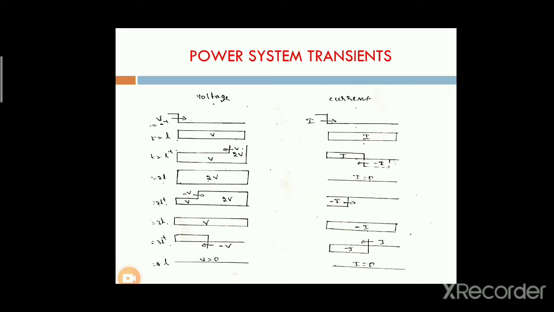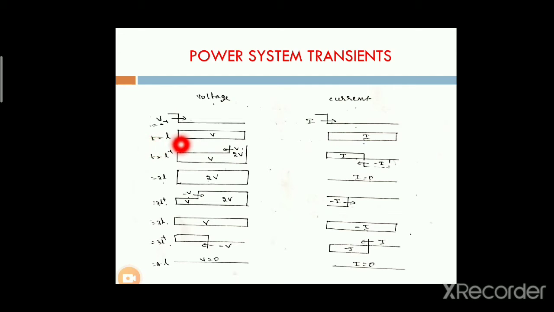First we take the open circuited end, and observe the voltage and current at that open circuited end when the wave is transmitted from the sending end. This is the applied voltage V, and this is the current I flowing through the traveling wave.